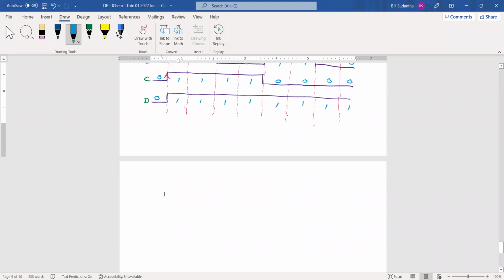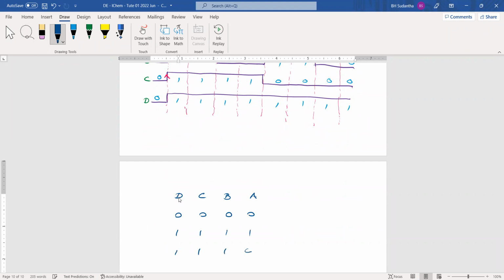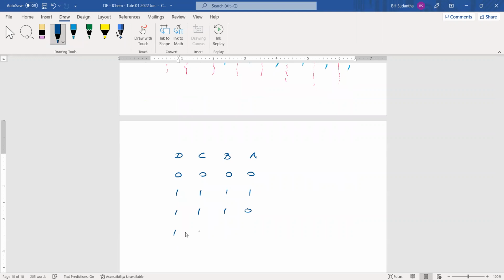And showing these values, you can make a small table, put in A, B, C, D values, starting from 0, 0, 0, 0. Next one is 1, 1, 1, 1. Then next one is 1, 1, 1, 0. This is 1, 1, 0, 1.